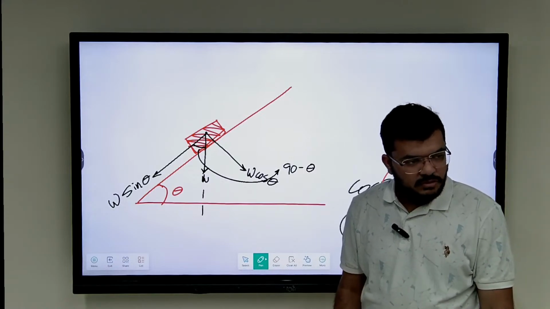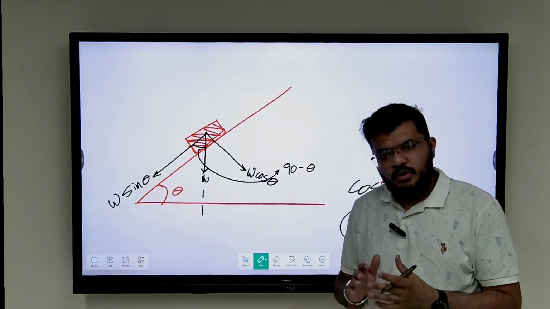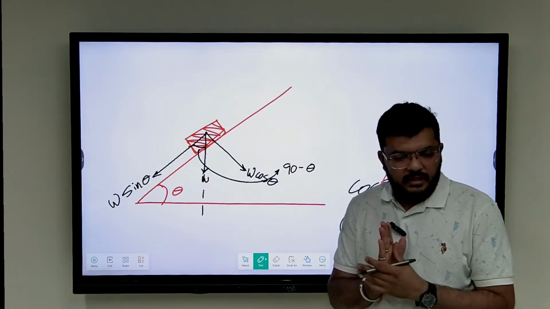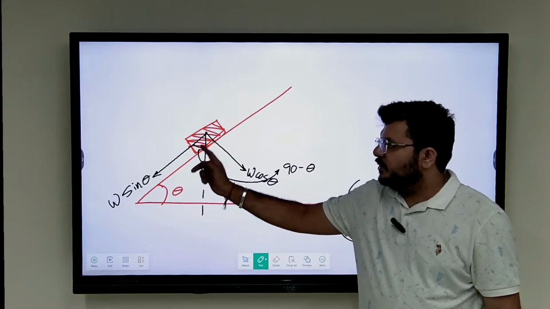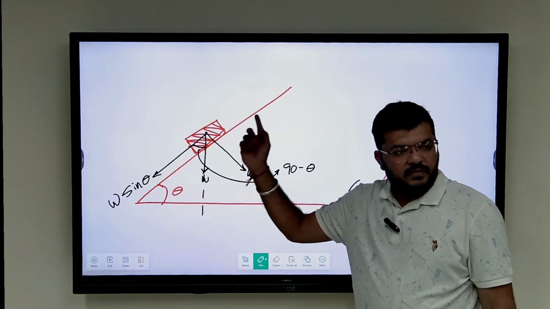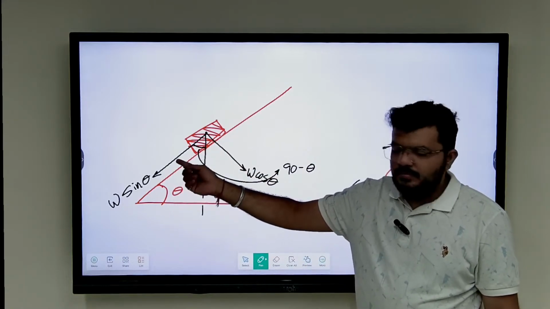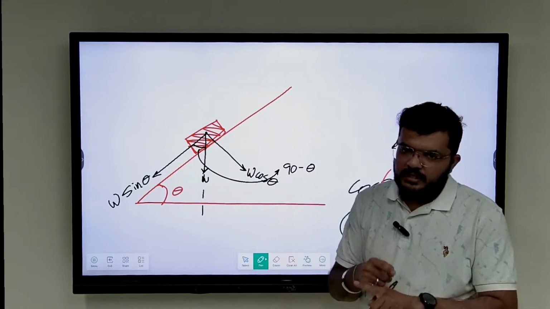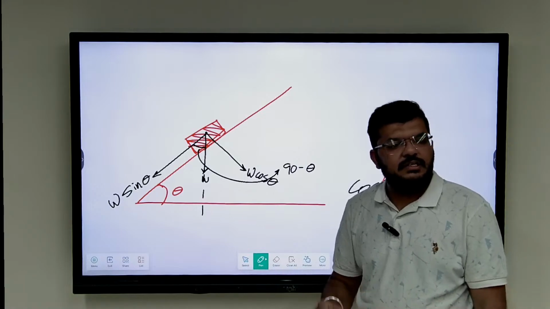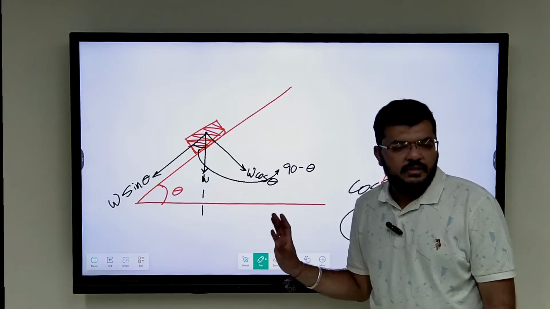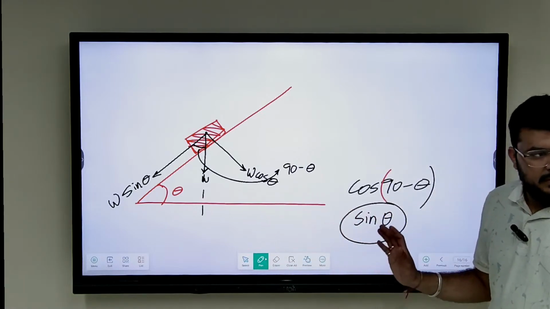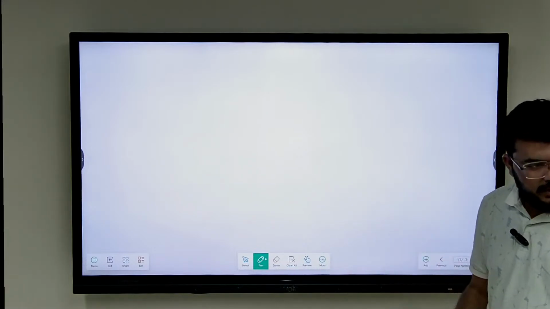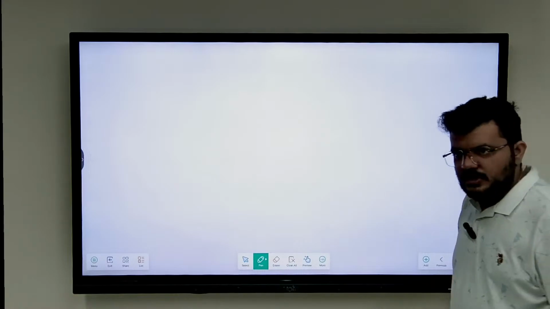We have understood that normally the horizontal component is cos theta and the vertical is sin theta. But in this case, the one parallel to the inclined plane becomes sin theta and this is cos theta. So they interchange. Just remember this and apply it whenever there is an inclined plane. The trigonometric identities for those angles change.